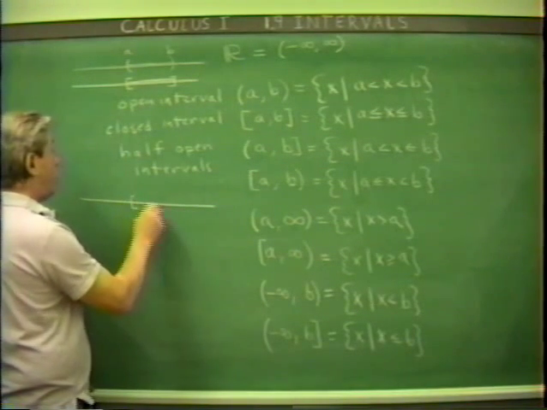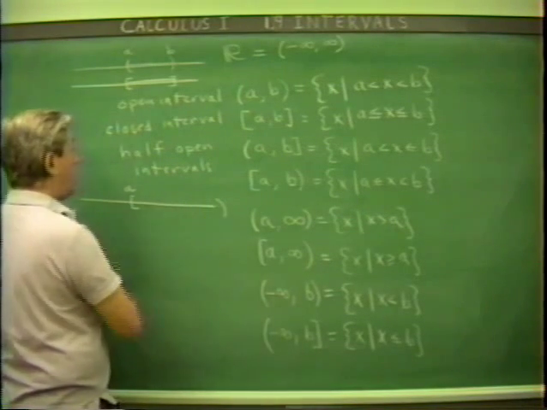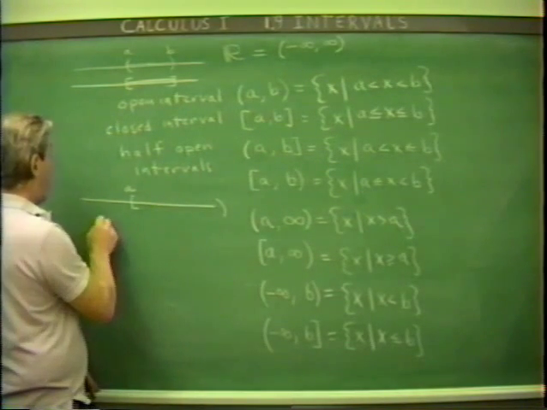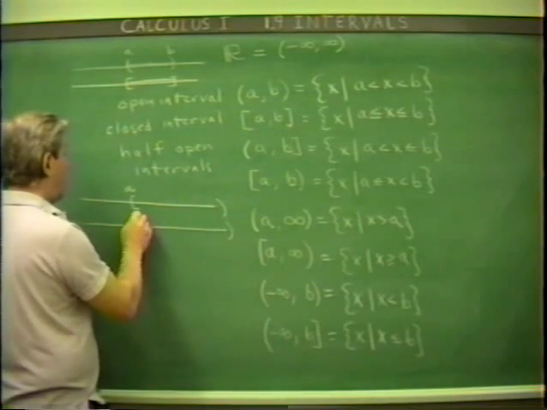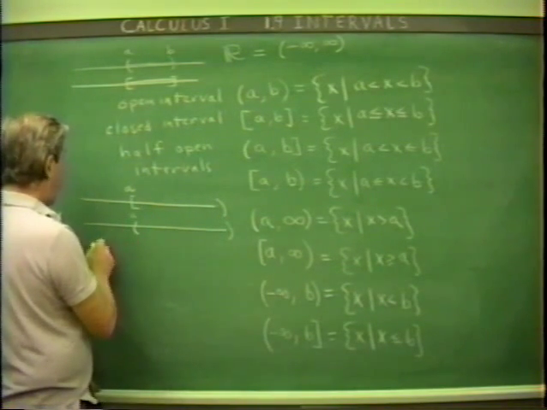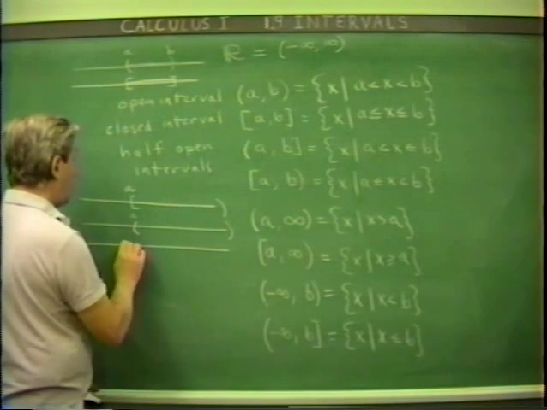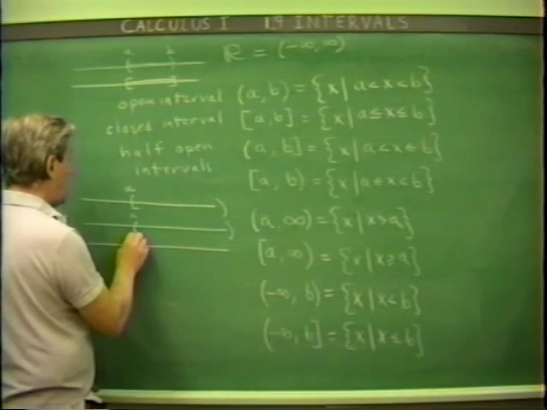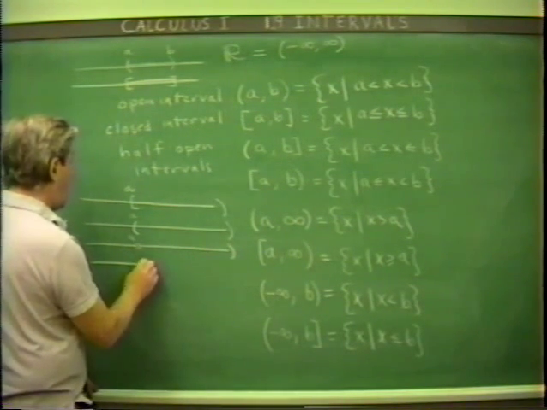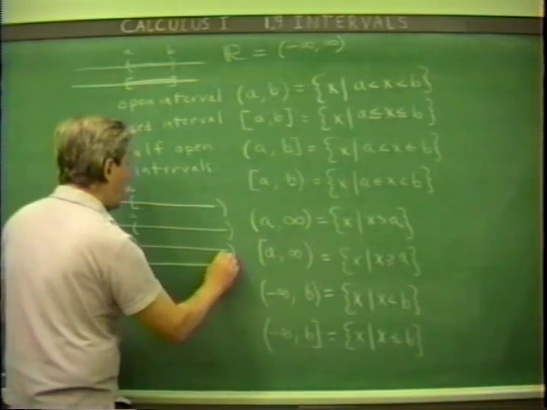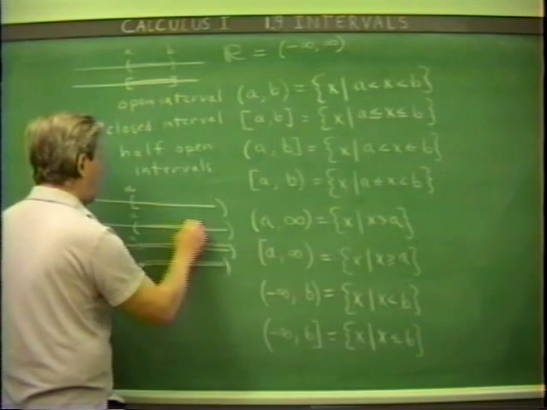Okay, so schematically, one could clearly represent these as, for example, for the closed interval from a to infinity, like so. Or for the open interval, like so. And you'll see sometimes this also, the open interval, and this for the closed interval.